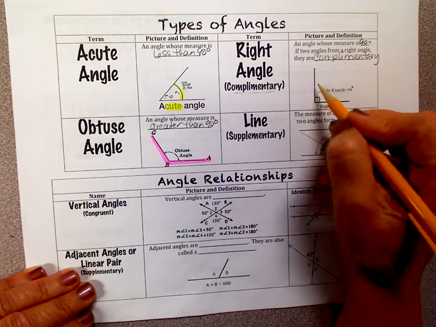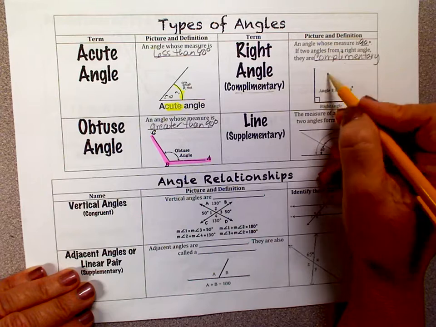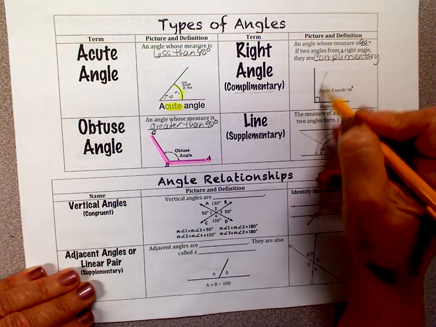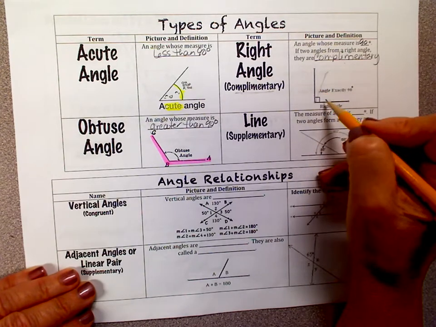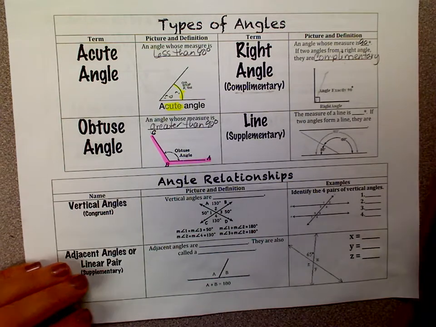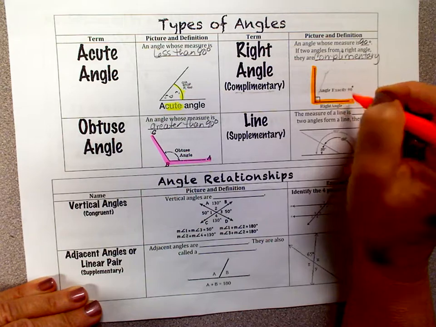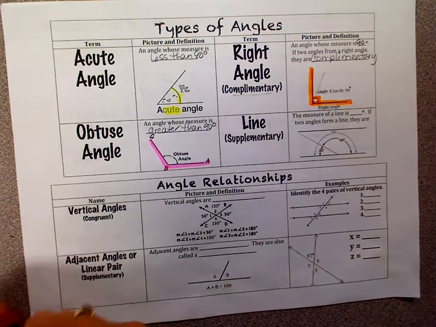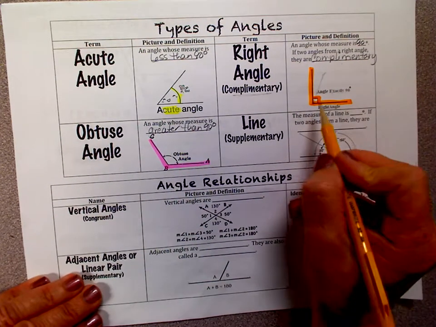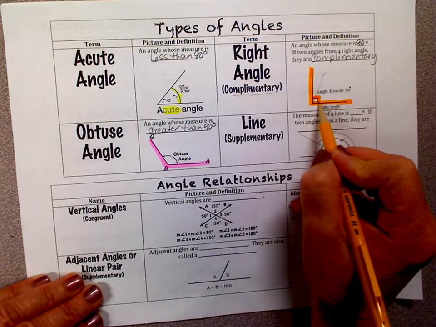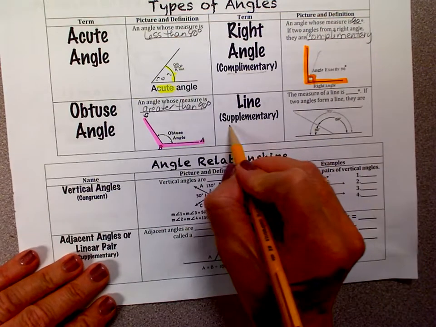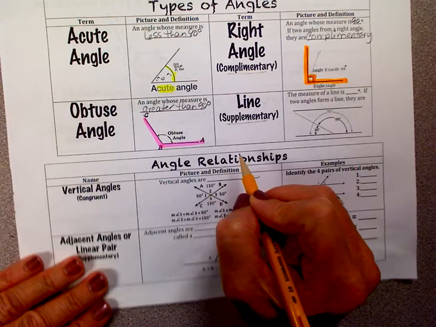So complementary angles would be like if we split this into two different angles, and together they add up to 90. Our right angle, and the symbol, as you know, represents the angle being a right angle, 90 degrees.